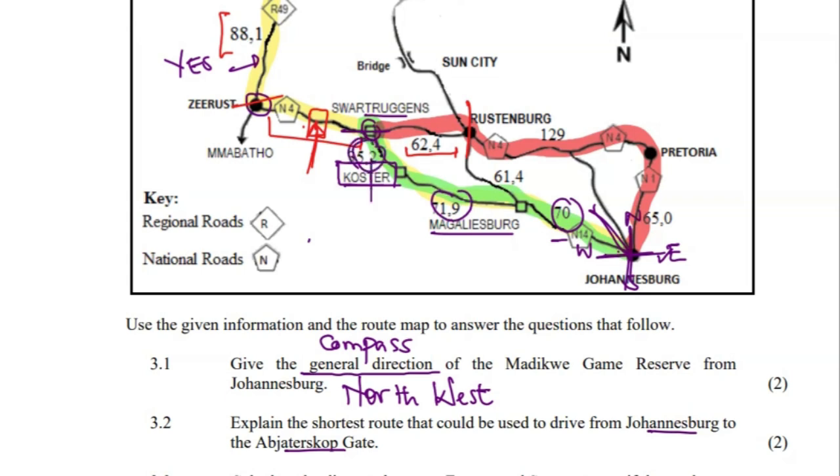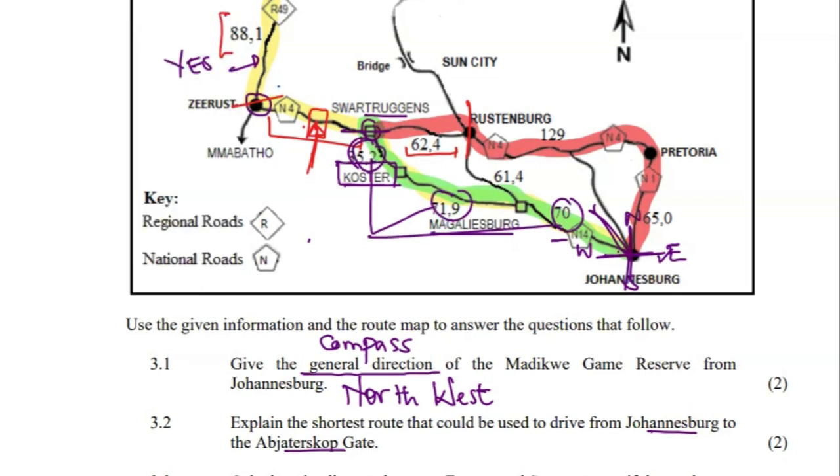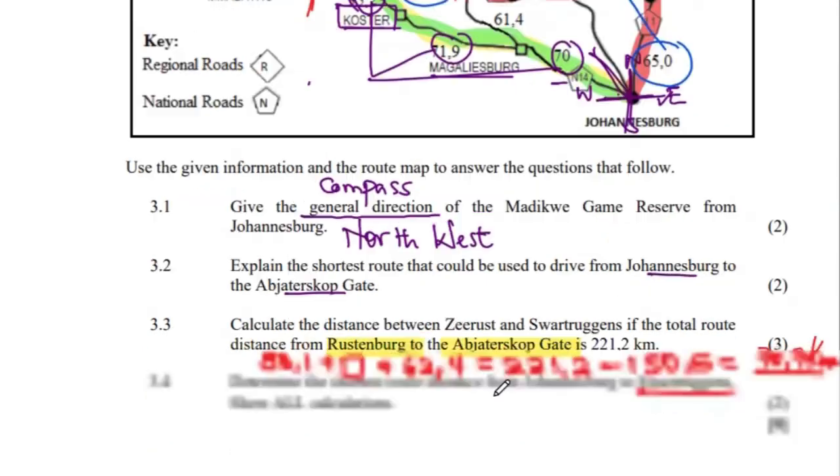These are the distances we are going to add up to find the route. Whereas on the other side of the road, we shall add the 65, we add the 129, and we add the 64. These are the distances that we are looking at.